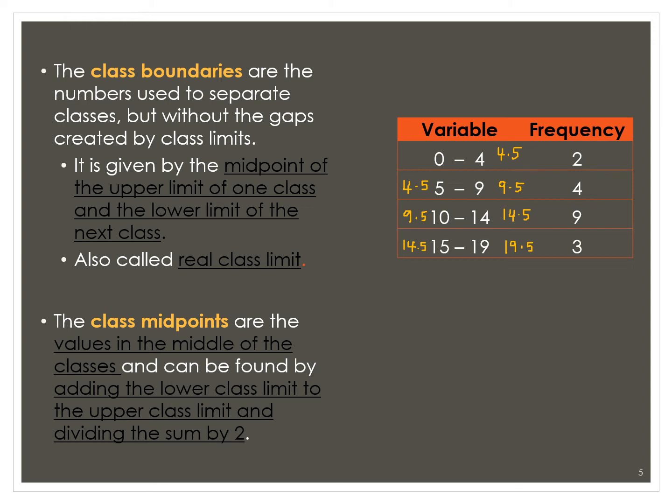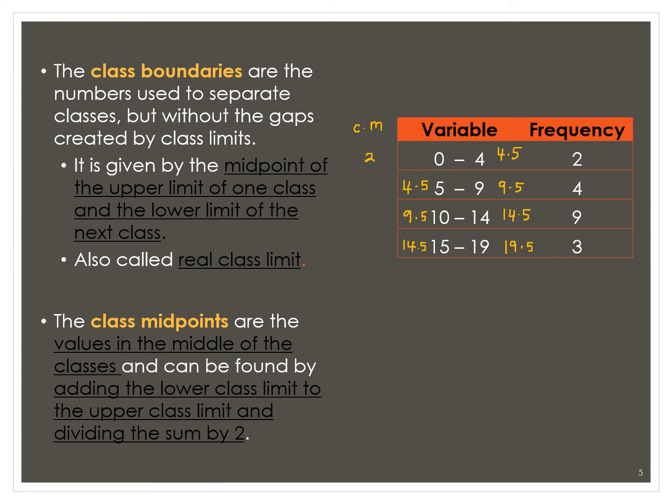Then we have the class midpoints, which are the values in the middle of the class and can be found by adding the lower class limit to the upper class limit and dividing the sum by 2. That means the class midpoint of the first class is simply 0 plus 4, which is 4, over 2, which is 2.